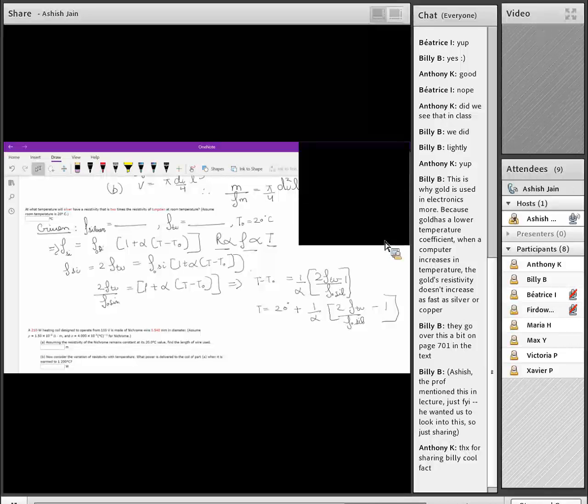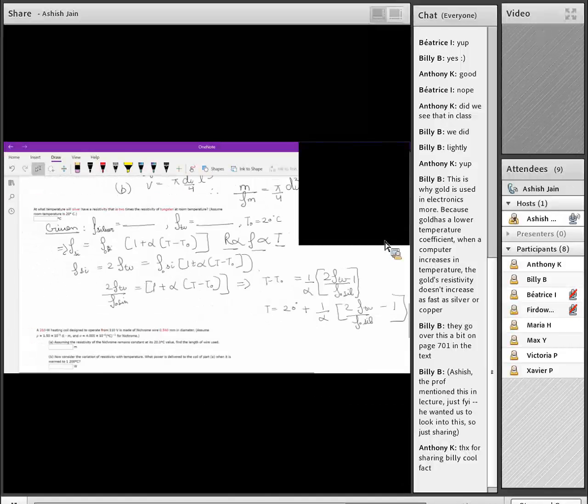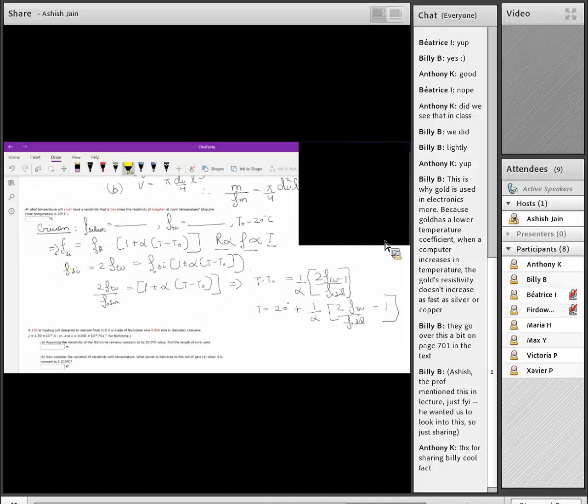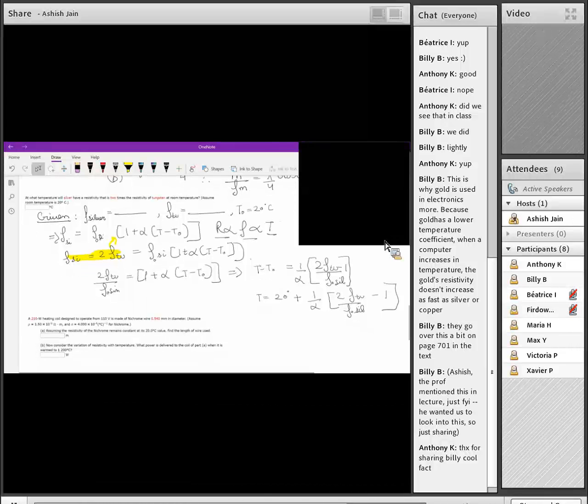I'll read it again. I wrote an equation for how resistivity of silver changes with temperature, and the question asks, at what temperature will silver have a resistivity that is 2 times the tungsten's.